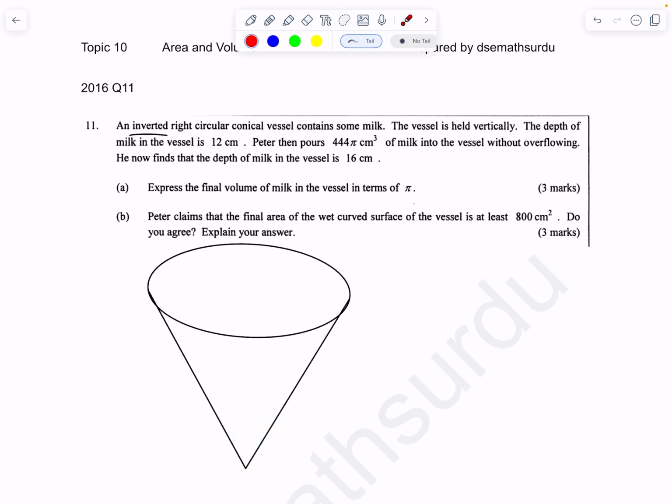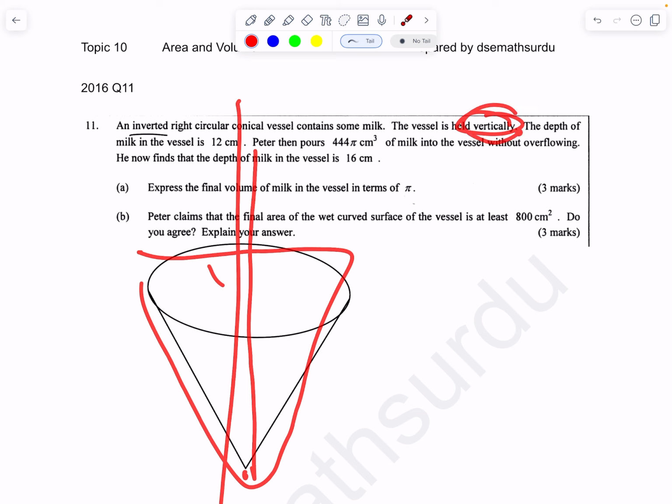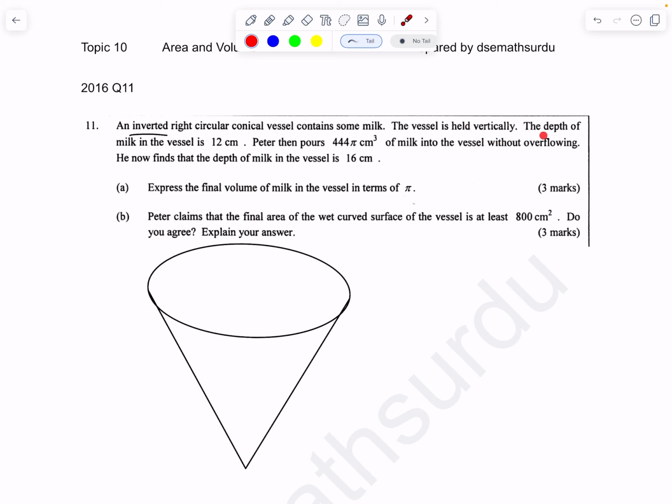Okay, and then the vessel is held vertically, so it's because it's very straight from bottom to up. And then the depth of the milk in the vessel is 12 cm. What does that mean? So there was some milk in this thing. That basically means the height.